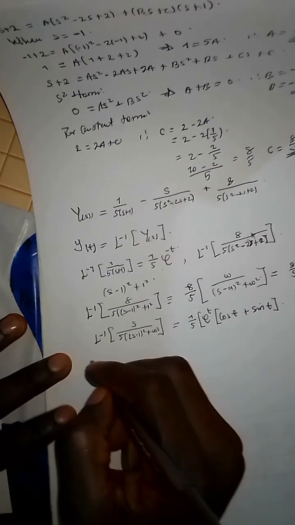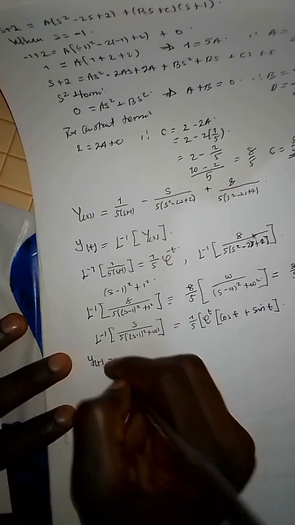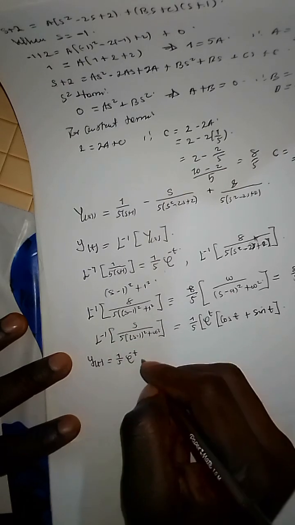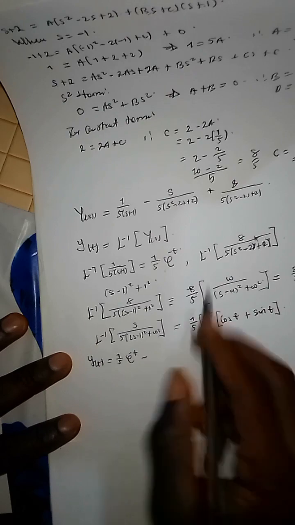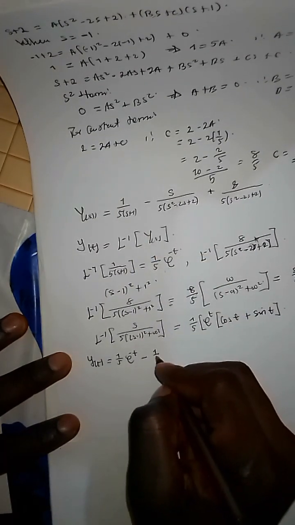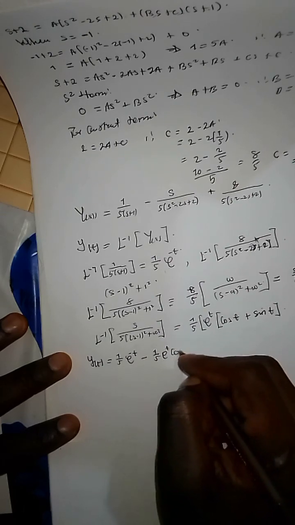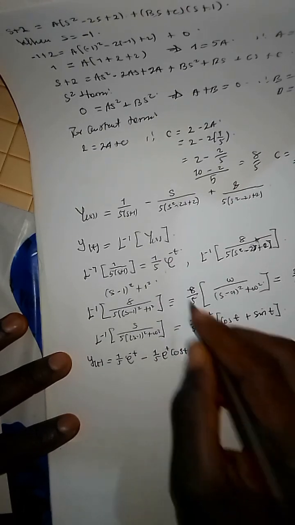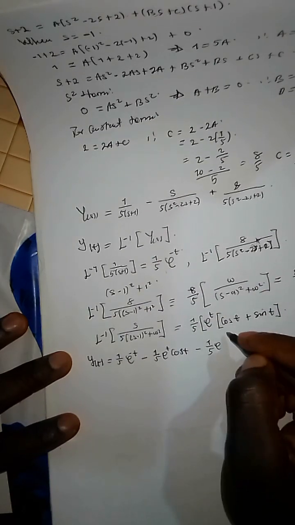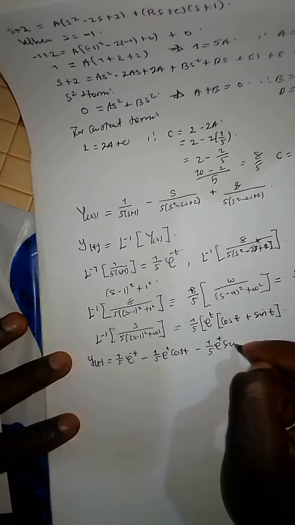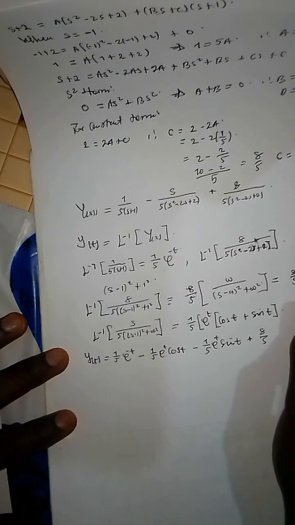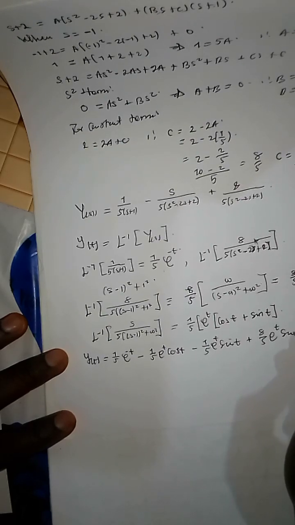If we compile them together, y of t will be equal to 1 all over 5 e to the negative t minus, this is a negative here, remember this is for this. So if we expand this, we have 1 all over 5 e to the t cos t minus 1 all over 5 e to the t sin t plus 8 all over 5 e to the t sin t.